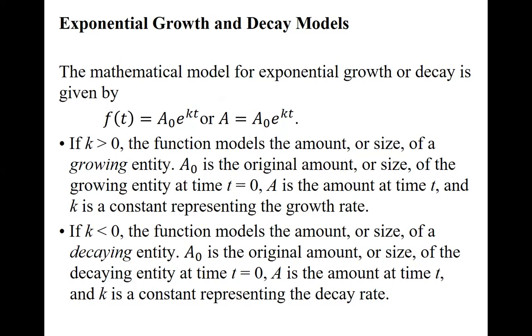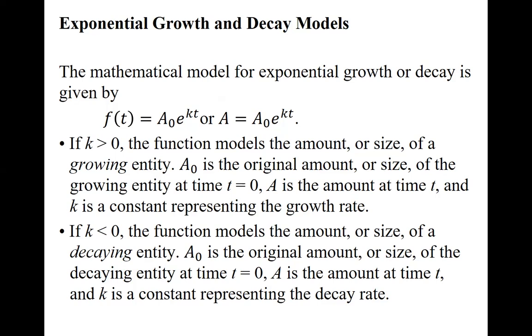A is the amount at time t, or f of t is the amount at time t. And k is a constant representing the growth rate. All of that is the same for a k less than 0, except for the fact that instead of a growing entity, it's a decaying entity. And k would represent the decay rate.